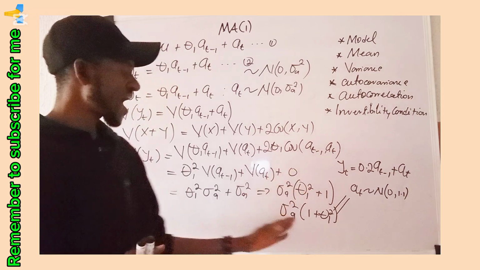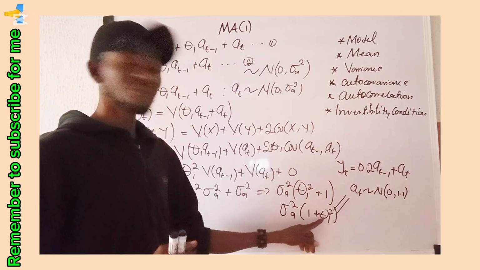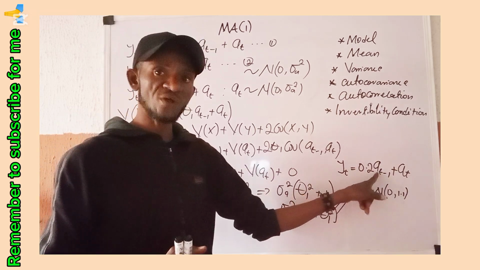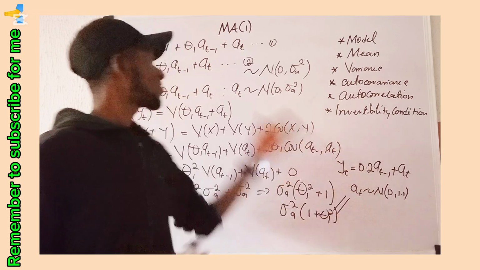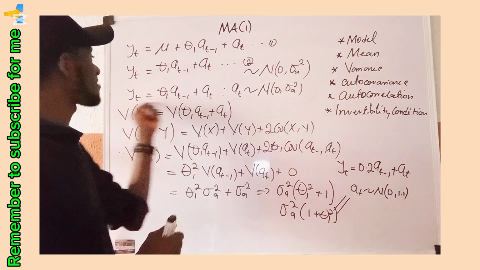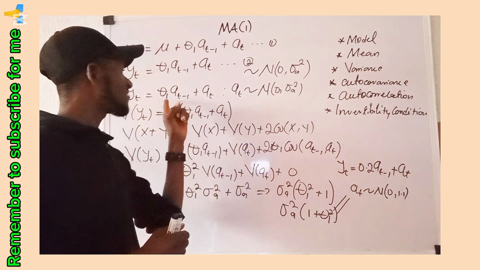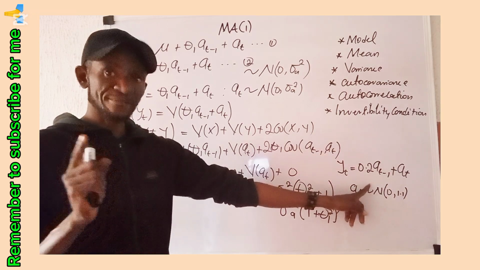We quickly come here and look at this. Here we have theta 1. And of course, we are now going to compare this equation given to us with the usual equation of the moving average model of order 1. We begin to compare this moving average model with the model that is given to us term by term.